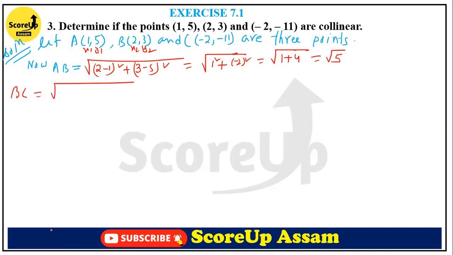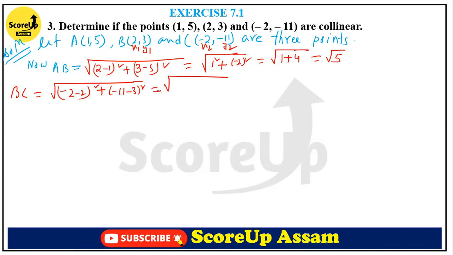Now what about BC? In case of BC, this will be our x1, y1, and this will be our x2, y2. So x2 minus x1, that is (-2 minus 2), which is minus 4, whole square, plus y2 minus y1, that is (-11 minus 3), whole square.